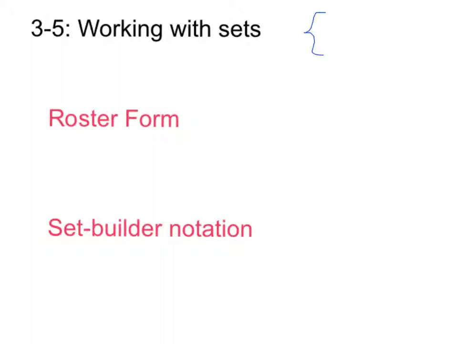Anything denoting a set has the little squiggly parentheses around it, the braces. Roster form is when we're going to list elements within the set.